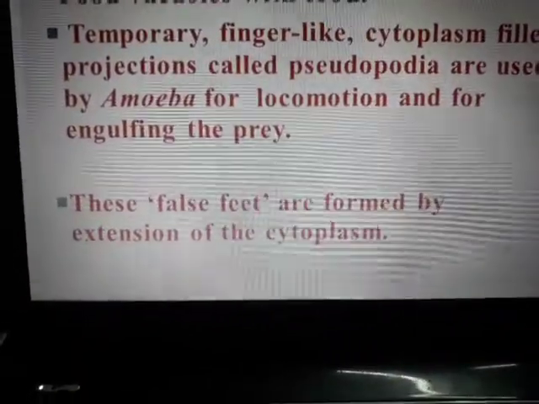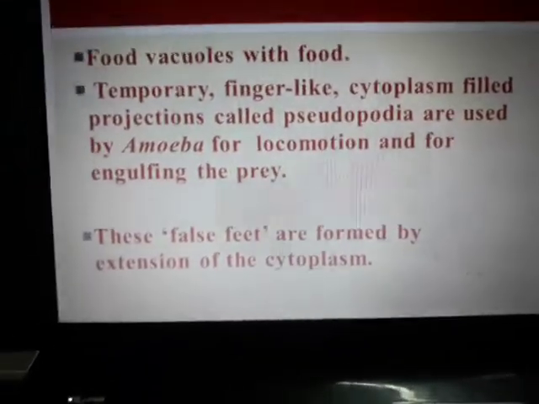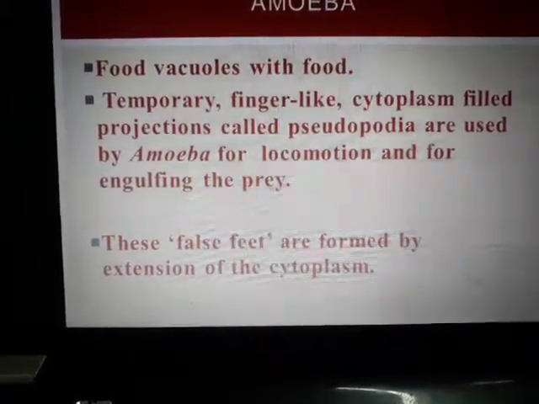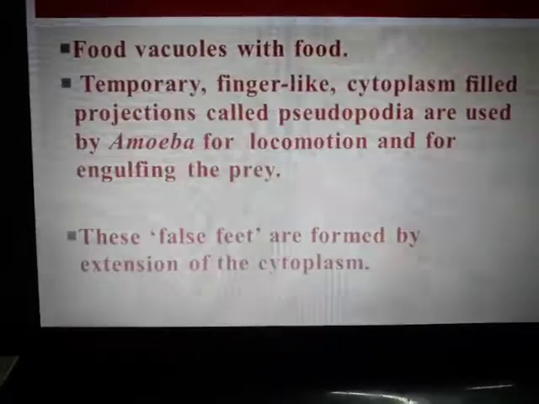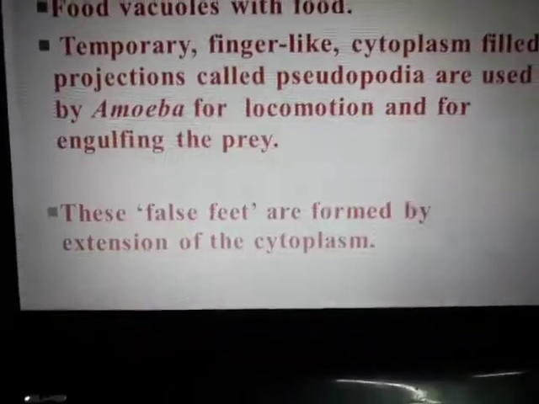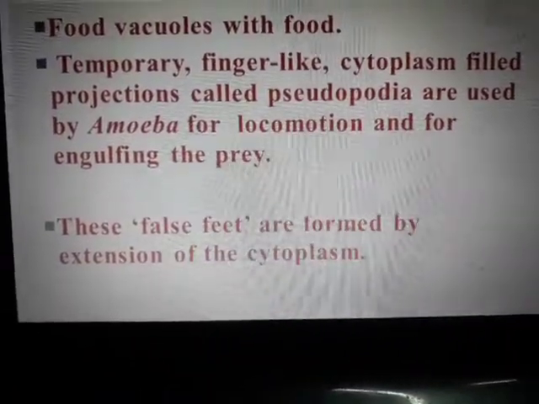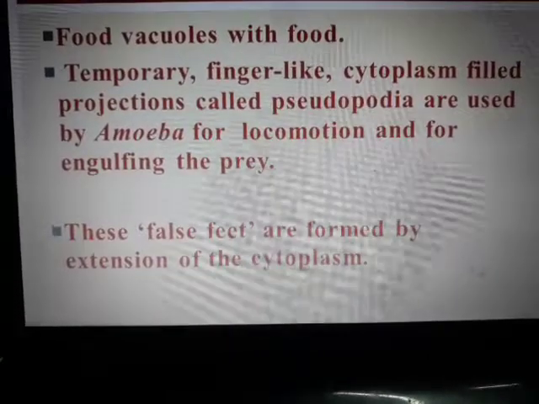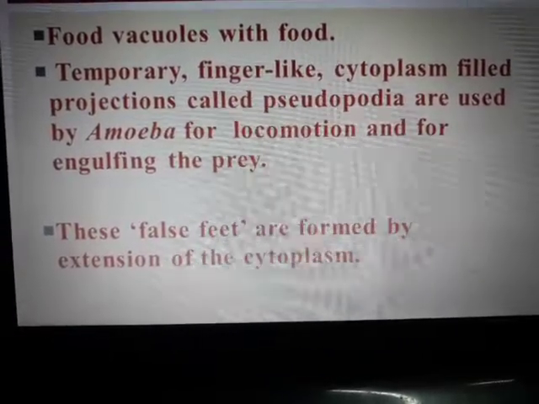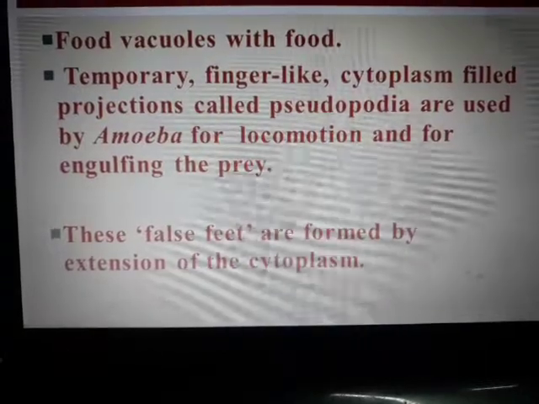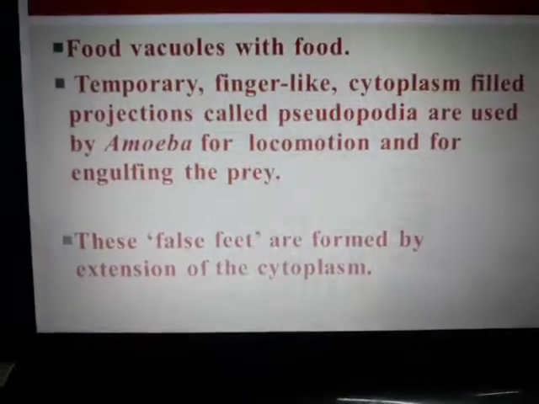These are called false feet. Obviously they are not the true ones, they are not meant only for locomotion. Like we have limbs, they are only meant for locomotion, right? Say hopping, jumping and stuff. But amoeba doesn't have any kind of special organs meant for locomotion. That's why it is called false feet.